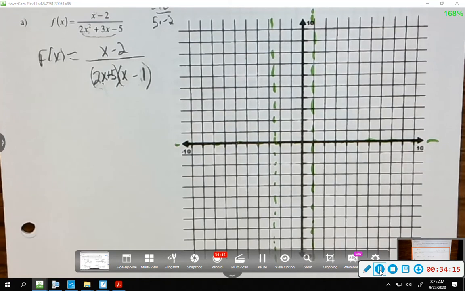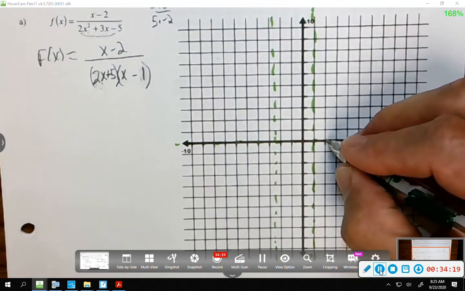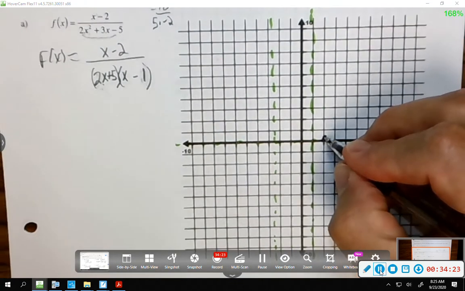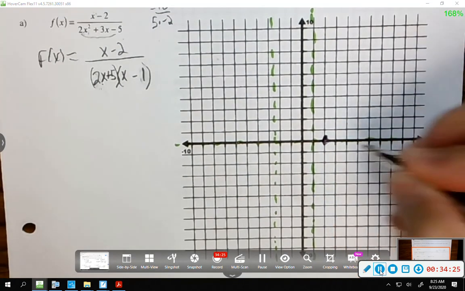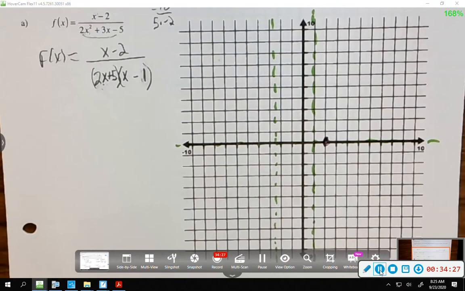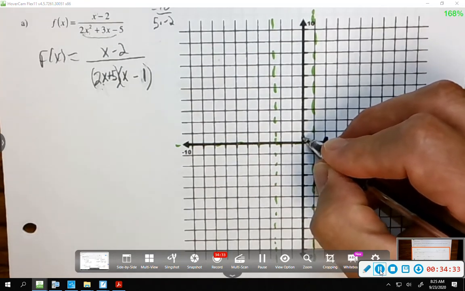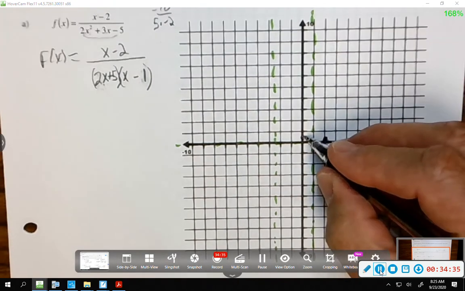Then plot those intercepts that I asked you to find. Here is 2, 0. I'm going to do it a little bit darker so you can see it. And then I have the point 0, 2/5. All right, we have 2 points to shoot through.